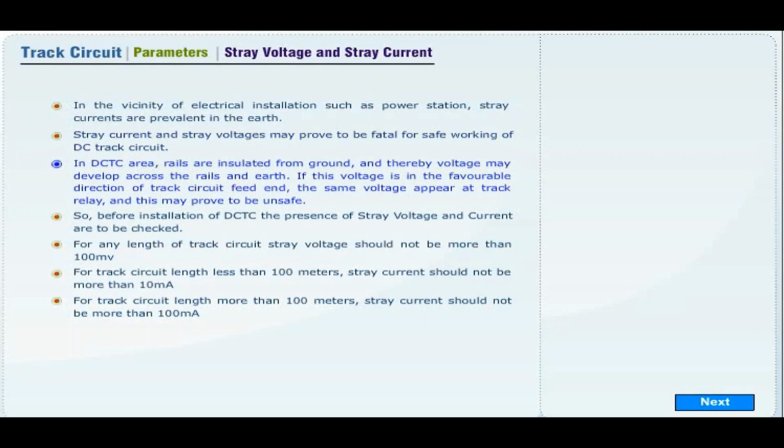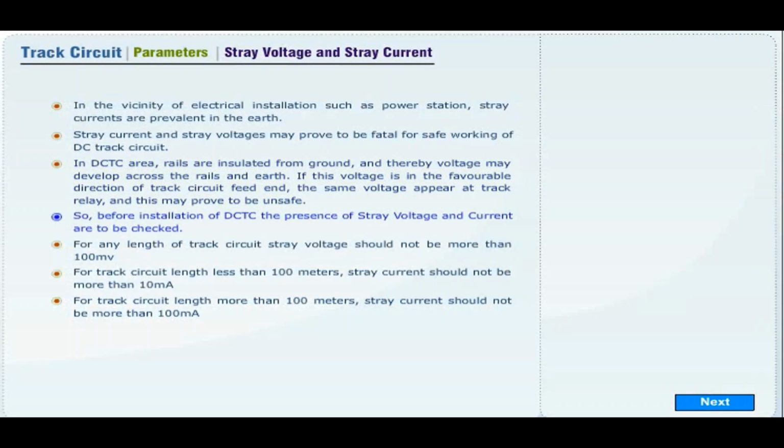In DC track circuit area, rails are insulated from ground and thereby voltage may develop across the rails and earth. If this voltage is in the favorable direction of track circuit feed end, the same voltage appears at track relay and this may prove to be unsafe.